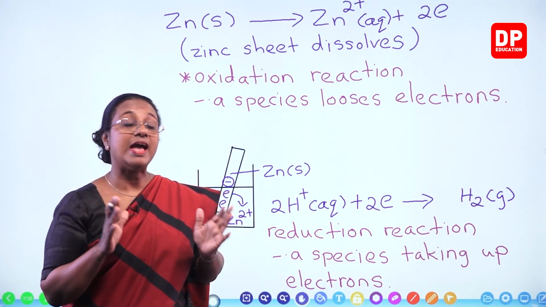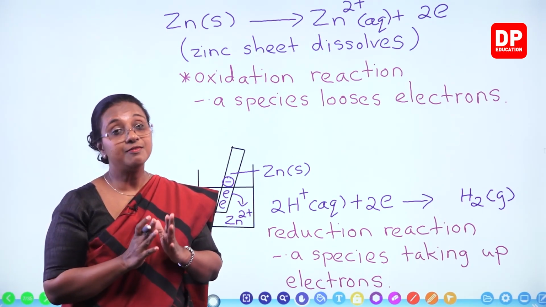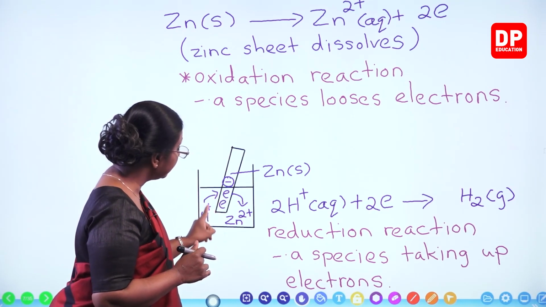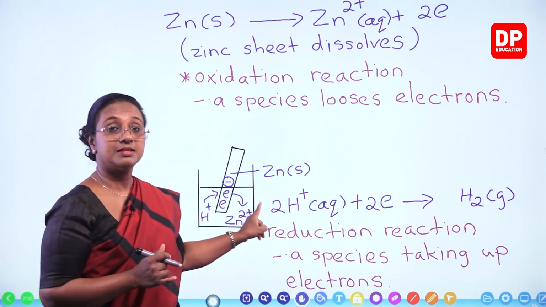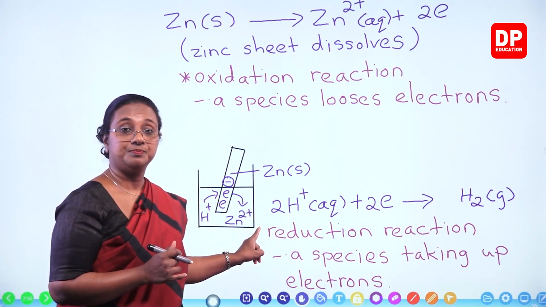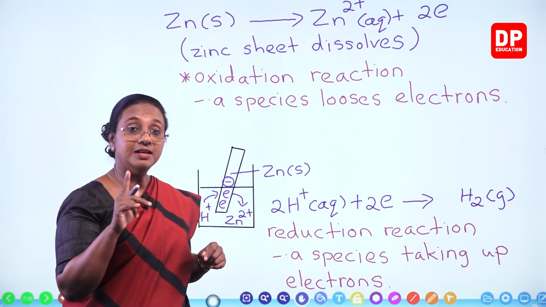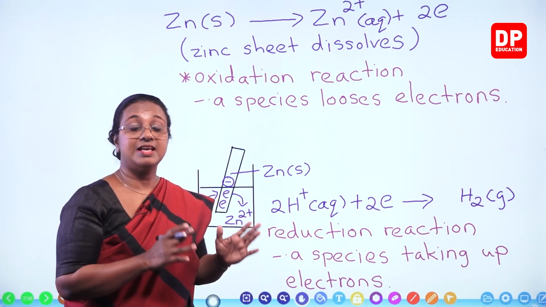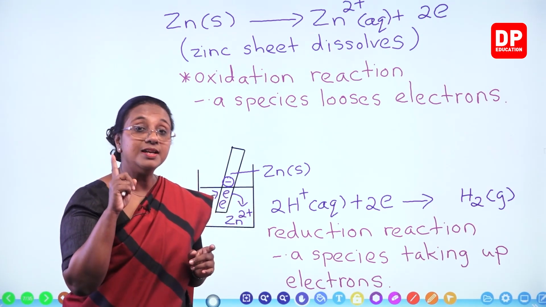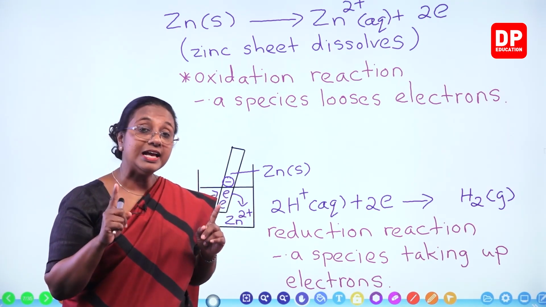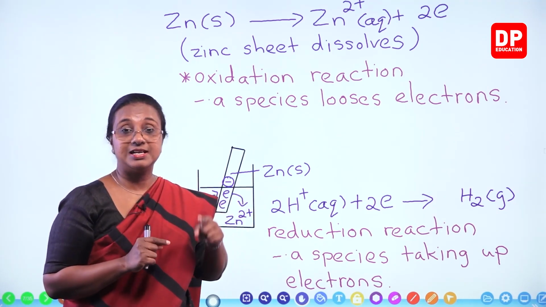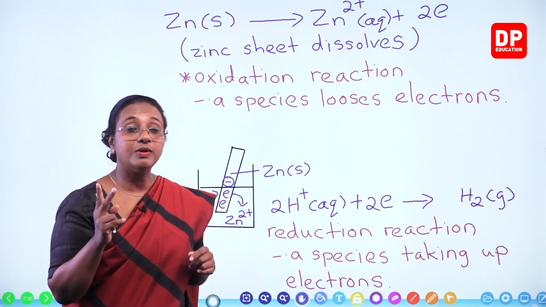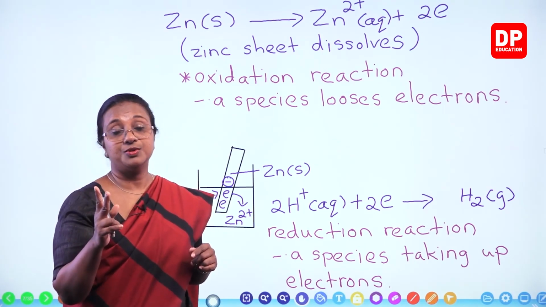That is how an electrochemical cell will function. So in this, one metal dipped in an acid solution is usually known as an electrode. One electrode. But for electrons to flow through the external circuit or the external conductor, we need to have two electrodes.